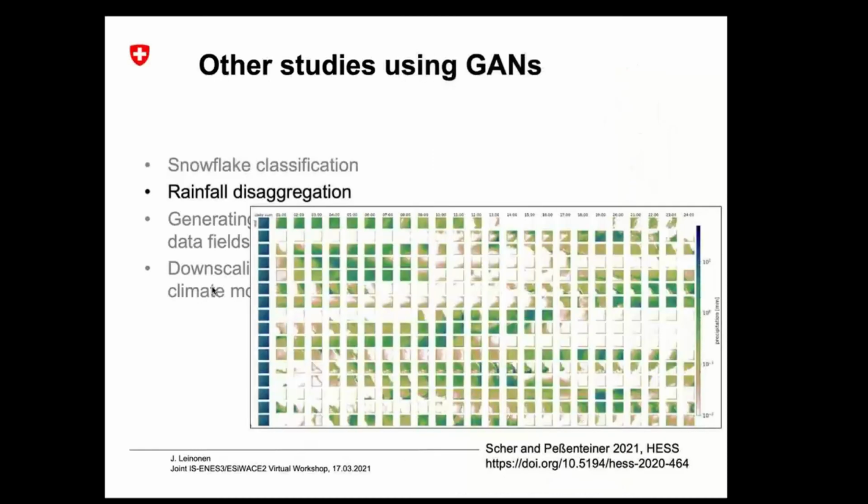In one work that was published recently, I believe, the authors were doing rainfall disaggregation. So basically, they take a map of rainfall as the sum of the daily precipitation, and then they try to generate different realizations of what the hourly precipitation might have been throughout the day.